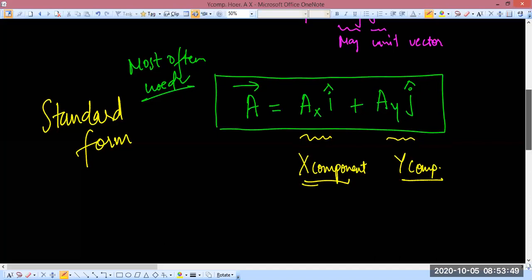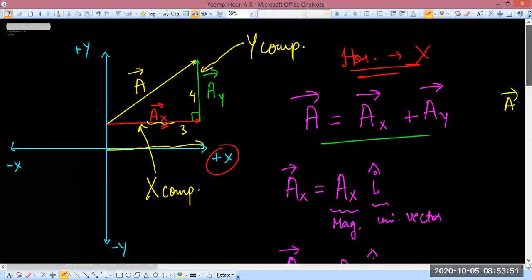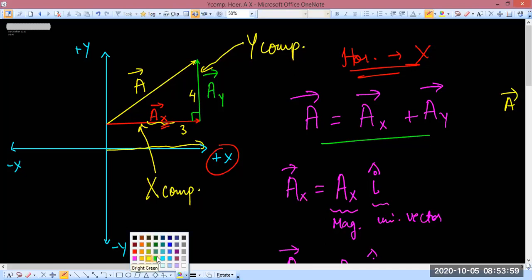Now, from here on, it is important to understand that we could also use the parallelogram law to get the same addition. I hope you remember that. If I draw AY over here, right?